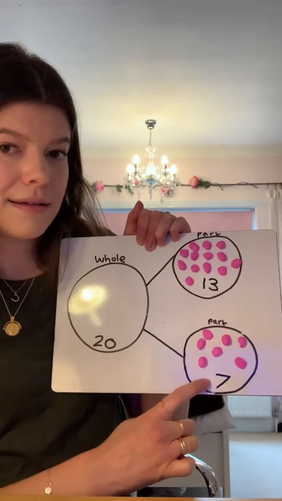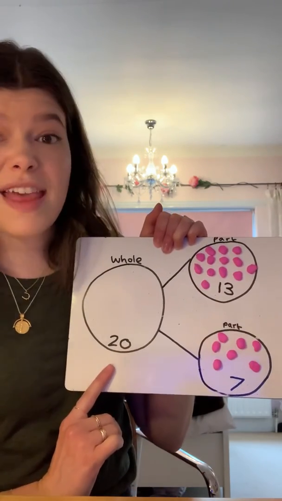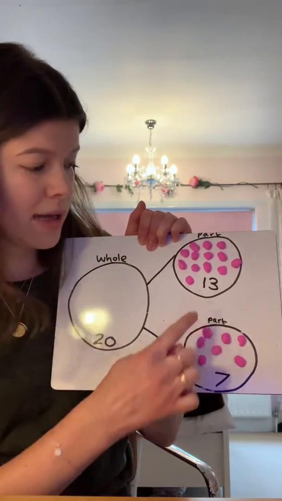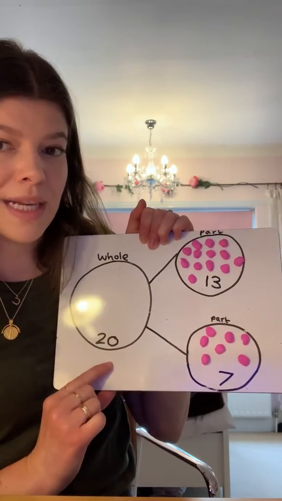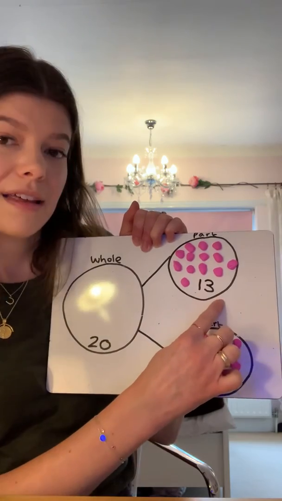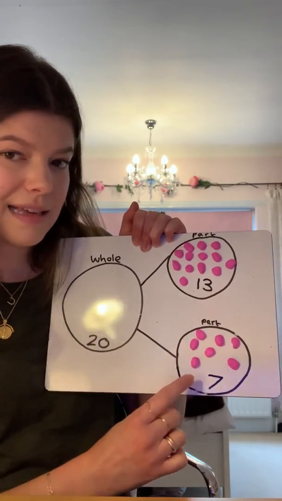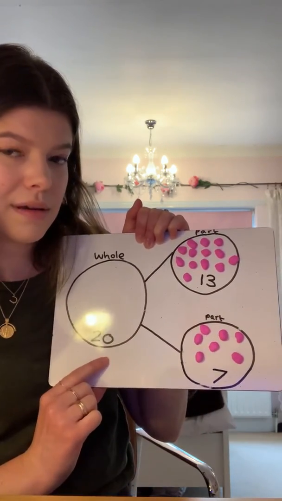And make. And then I just use my addition star words. 13 add 7 is equal to 20. Can you say that? Add is equal to, and then I can do my actions. 13 add 7 is equal to 20.